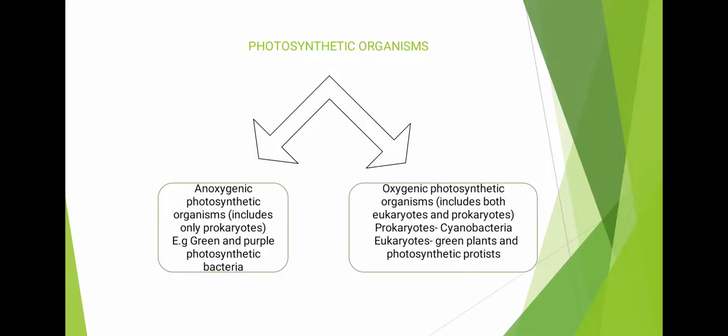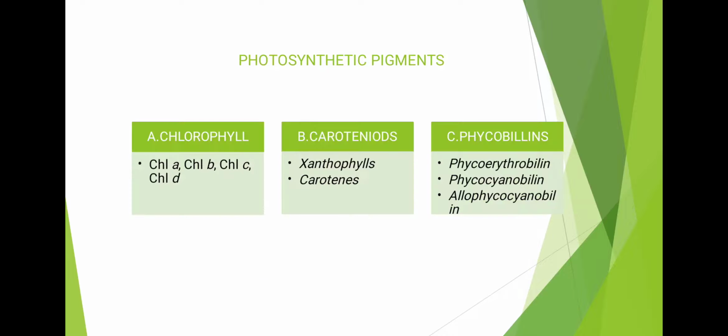Now let us discuss the pigments involved in photosynthesis. Different kinds of pigments are employed for capturing solar energy during this process. The major ones are chlorophyll, carotenoids and phycobilins, as I have mentioned here.